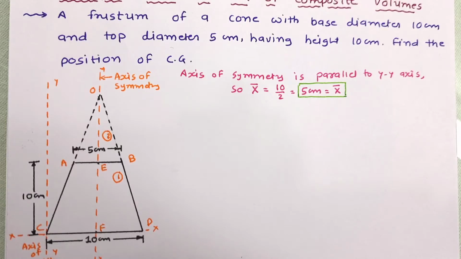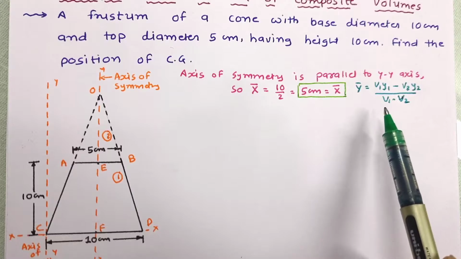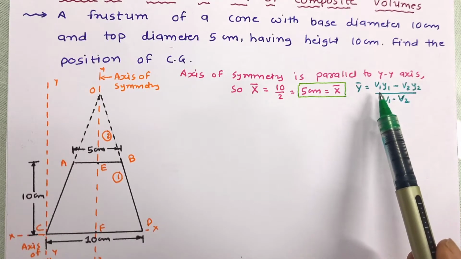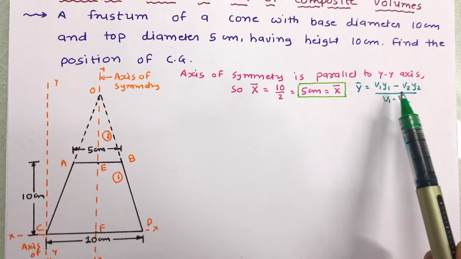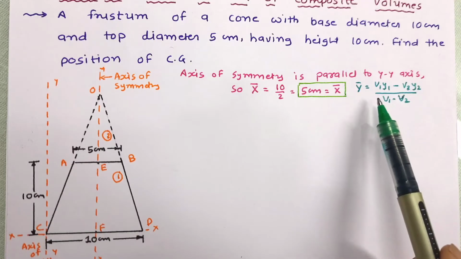The next step is to use the equation to work out the centroid. So let us write the equation of y bar. This is the equation through which y bar can be worked out. Here it is required to find V1, V2 and y1, y2. So let us work out all these parameters.